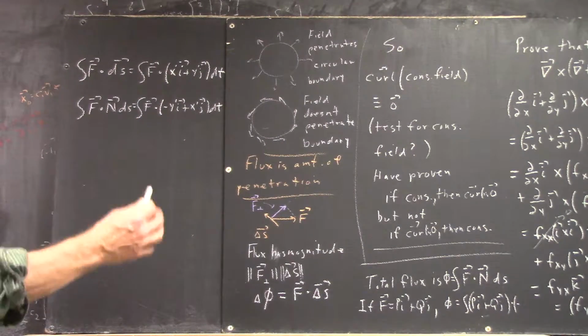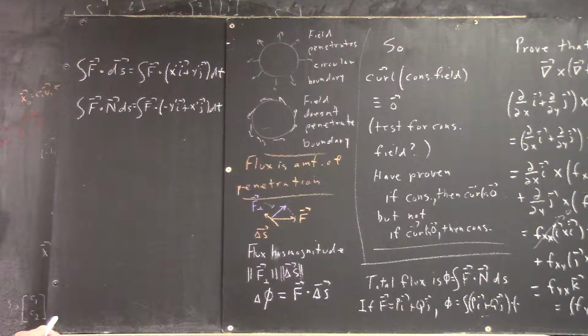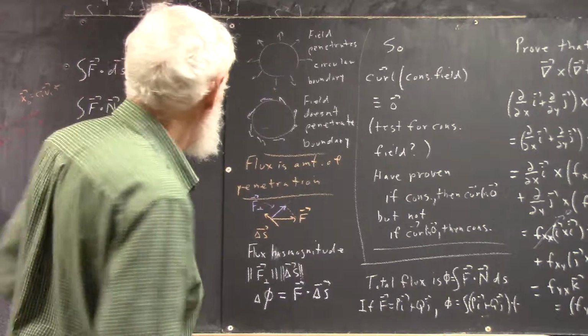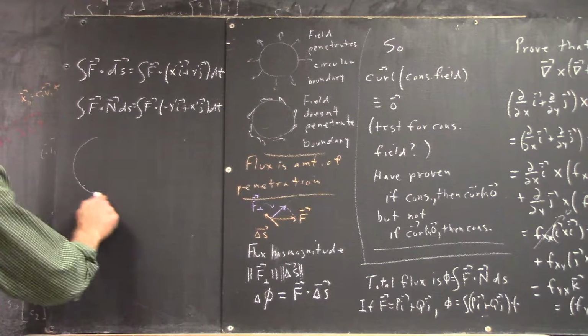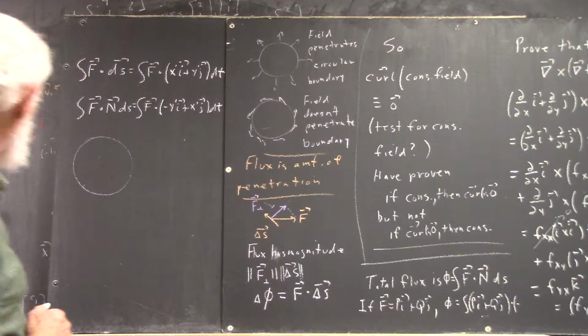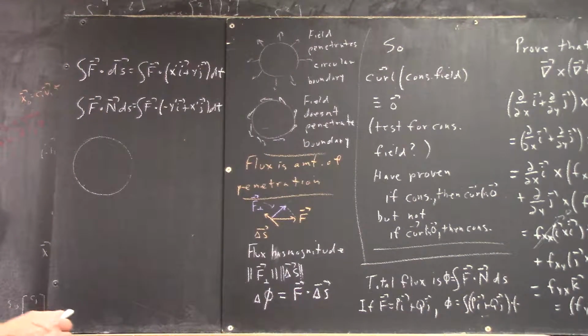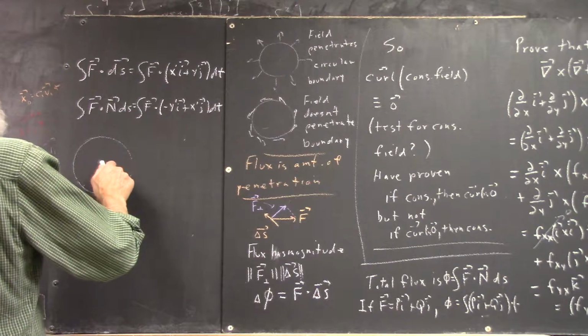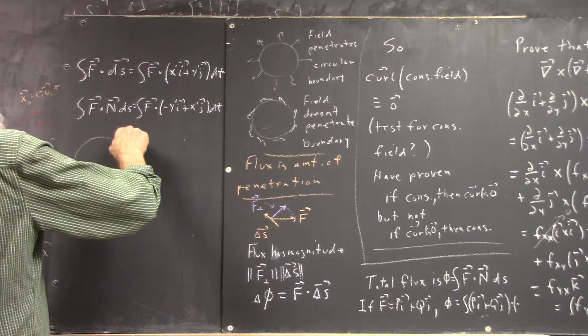Okay, so again, if this is your curve, well, let's just draw it out and see how it looks. The mechanics are pretty straightforward. It's a pretty good circle. It's an accident. Okay. Here's your circle.